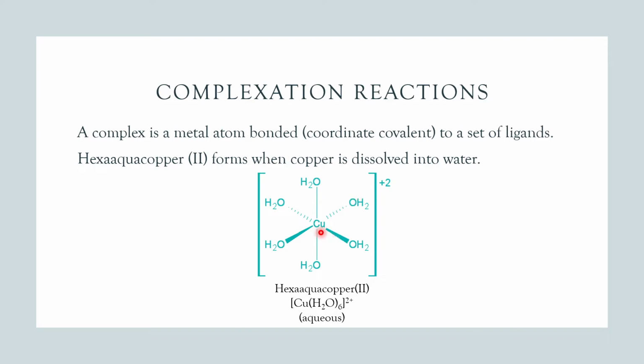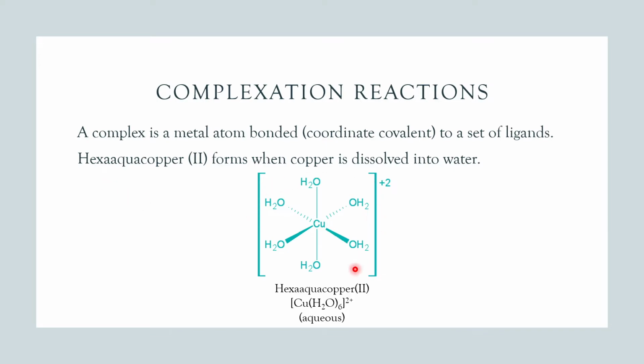So all of these waters coming off our copper in the center, we would call ligands. There's a covalent bond between each of the ligands and the metal in the middle. In particular, this type of covalent bond is a coordinate covalent bond, not something that we really need to understand inside and out for the purposes of this module, but maybe something that you might want to read into yourself.